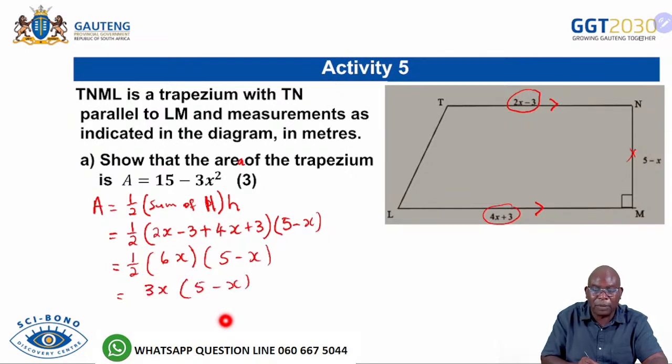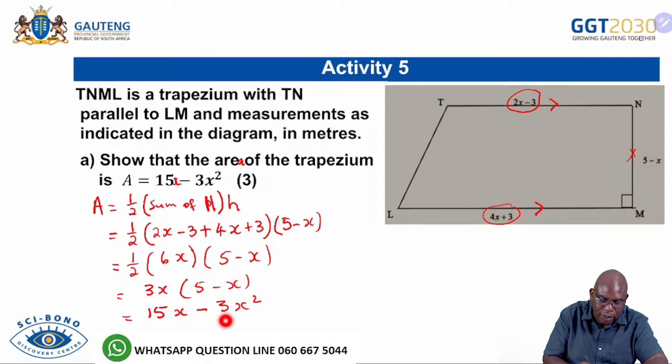So I've only done that part, first part. Now, the 3x multiplied by 5 will give me 15x. So that was supposed to be 15x, not 15. So it is 15x minus 3x multiplied by x will give me 3x squared.